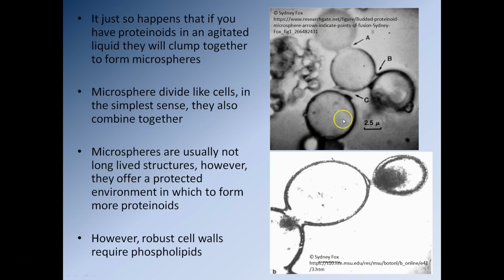So essentially we have a nice self-contained system where more and more proteinoids can be made, protected from the surrounding environment. Microspheres can divide like cells. They can split up, so this microsphere could divide in two to form two cells, or they can combine together. Two cells can come together and link up to form one larger cell.